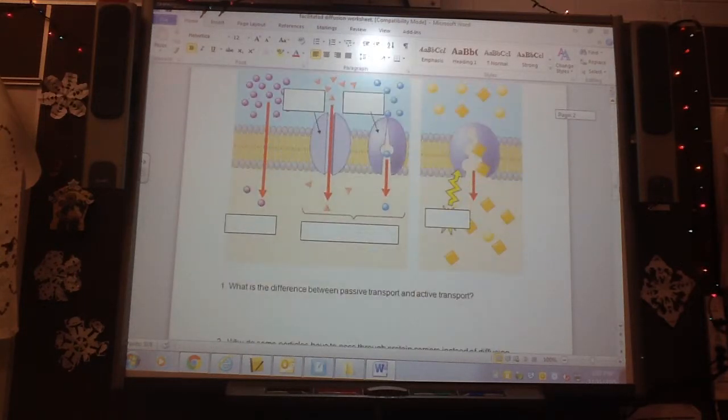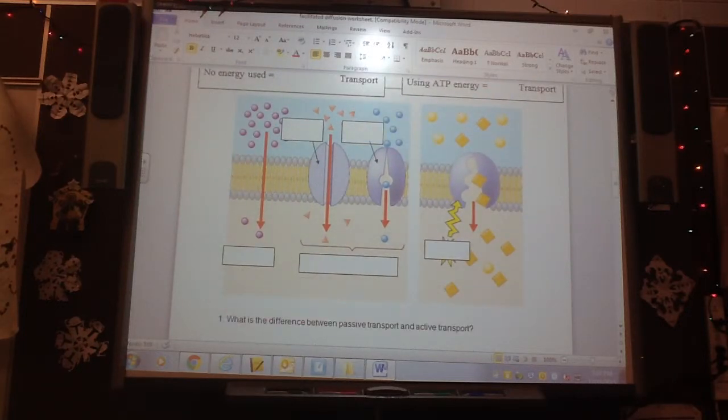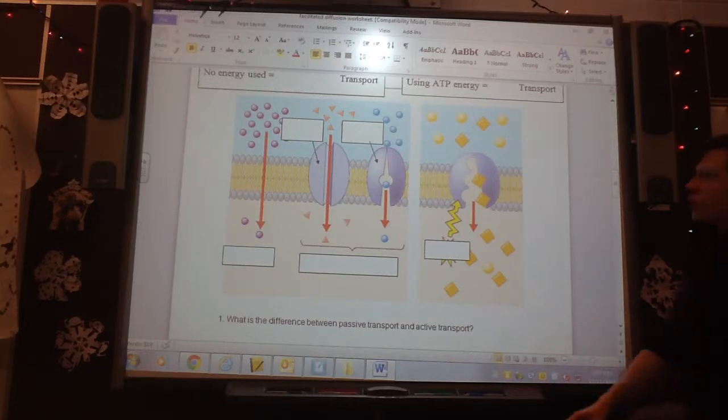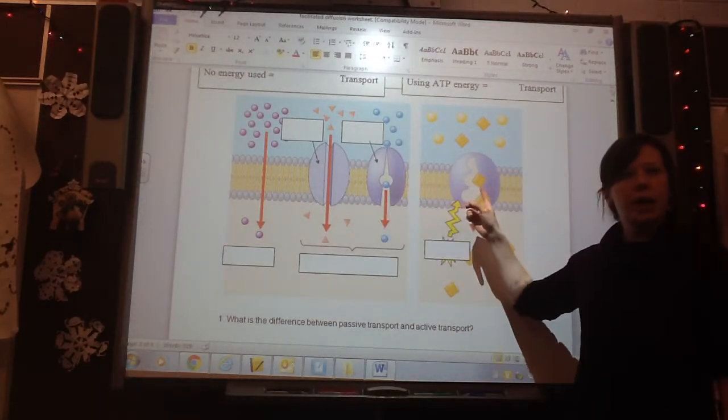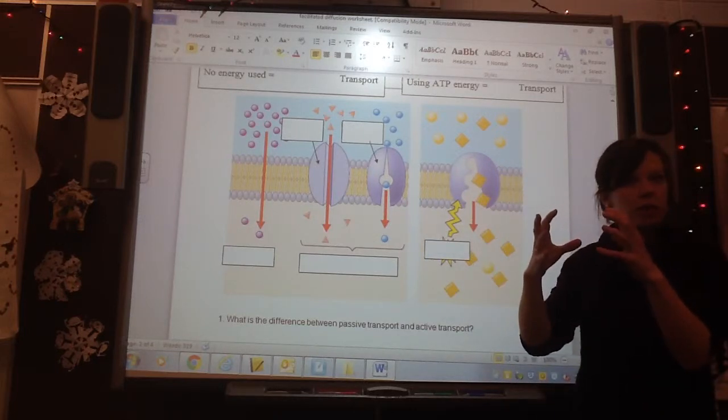So here, this will be a worksheet that you'll get today. So these are both carrier proteins because they're both carrying particles.